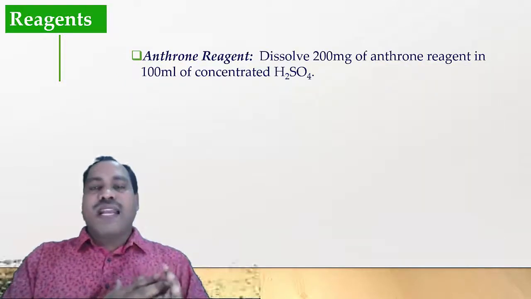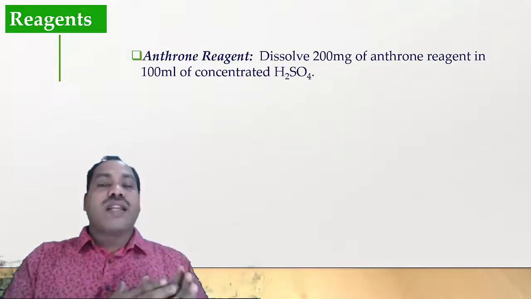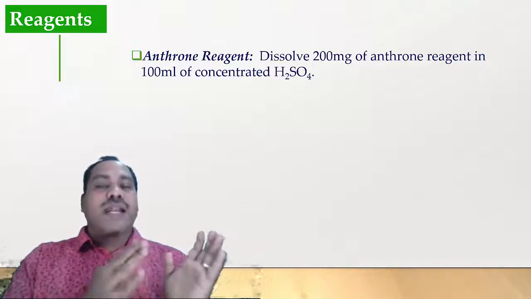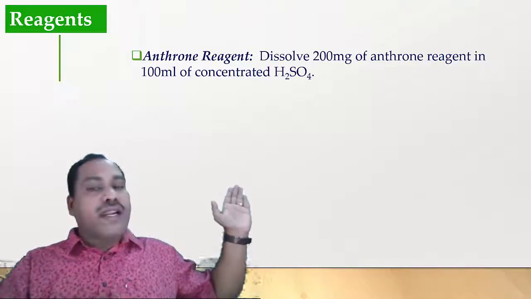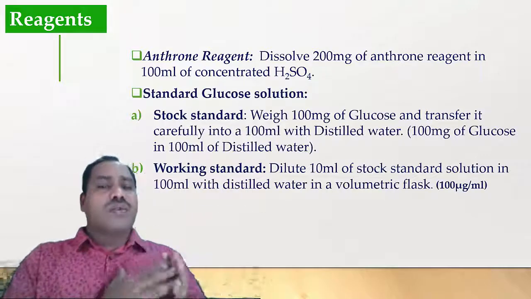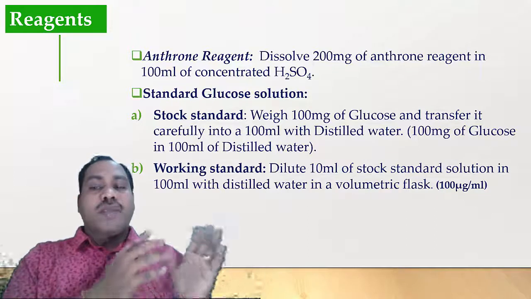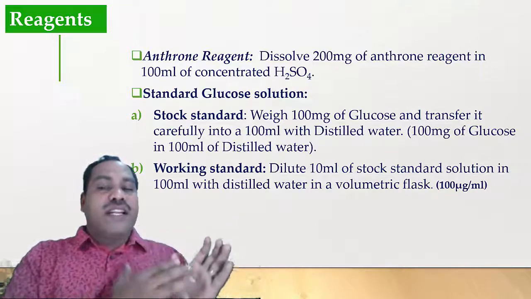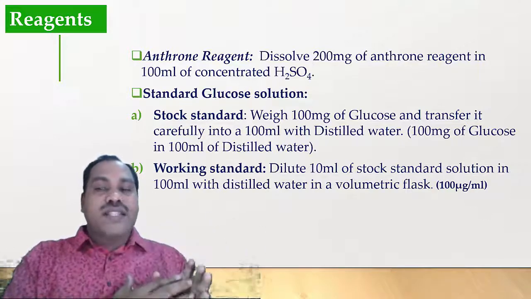Different types of reagents are required for this method. The first one is the anthron reagent, which can be prepared by dissolving 200 milligrams of anthron in 100 ml of concentrated sulfuric acid. Then there is the standard glucose solution, which can be prepared by weighing 100 milligrams of glucose and transferring it into a 100 ml volumetric flask, making the volume up to 100 ml with distilled water.